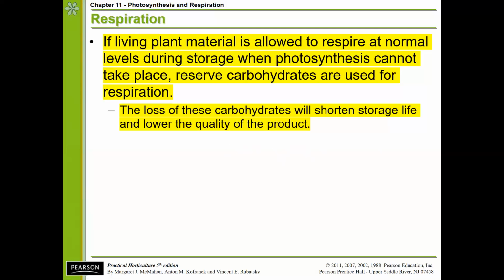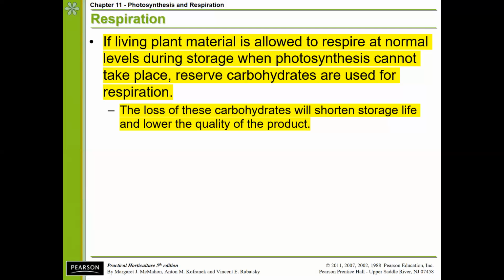And really, we need to try to look at minimizing respiration in order to lengthen the shelf life of things like apples, for instance. And what's a common thing that we do in apples in order to reduce that respiration? Anybody eaten an apple lately? I bet Tom has, right?